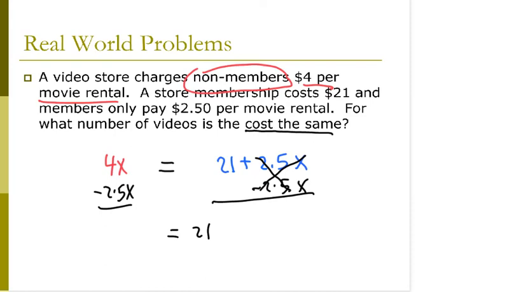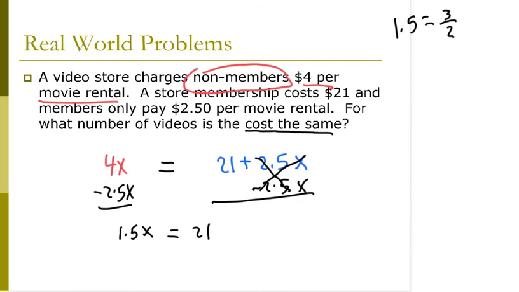We could divide both sides by 1.5 and get the same answer. But in this case, I actually would kind of like to work with fractions. So I make the claim that 1.5 or 1 1/2 is really the same as 3 divided by 2 or 3 halves. So 3 divided by 2 is 1.5.